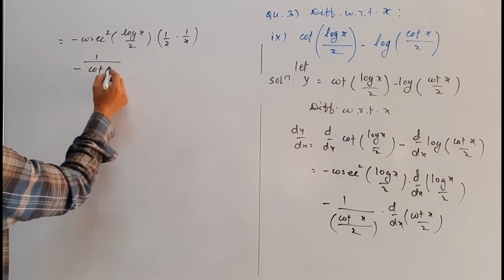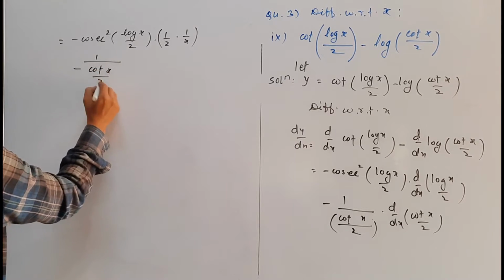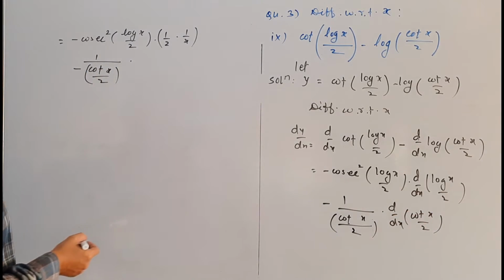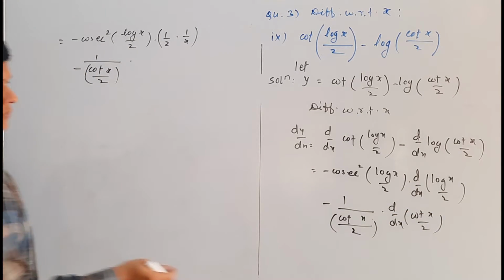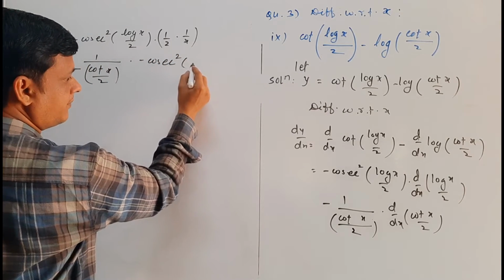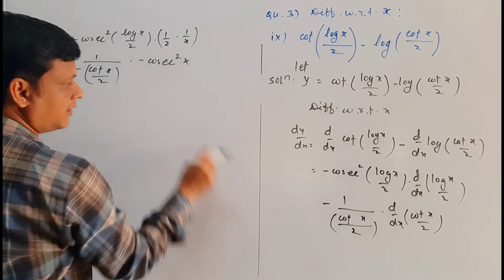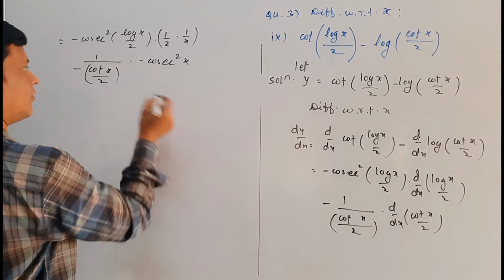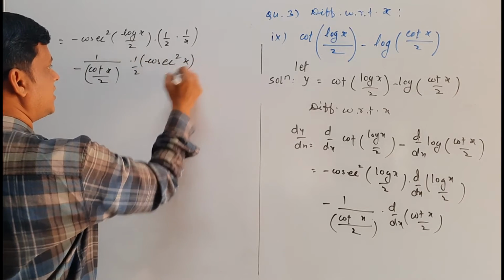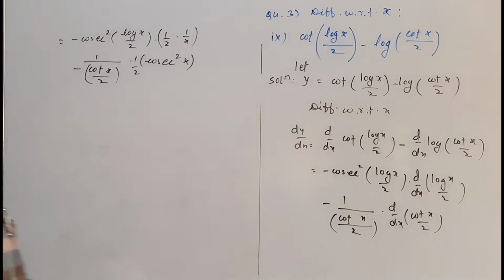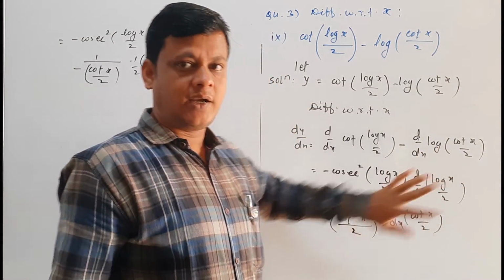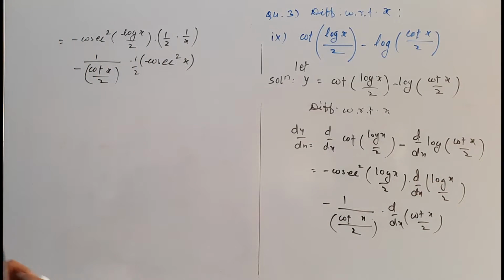So we write here cot x upon 2 into the derivative of cot x, which is minus cosec square x. So we write here minus cosec square x and this 1 by 2 constant. So we write here 1 by 2 in bracket, minus cosec square x. Because we write this 1 by 2 as constant, we have to find the derivative of cot x, and the derivative of cot x is minus cosec square x.